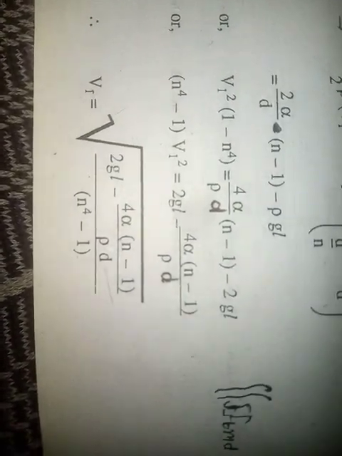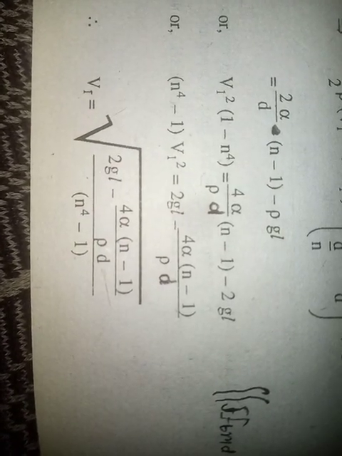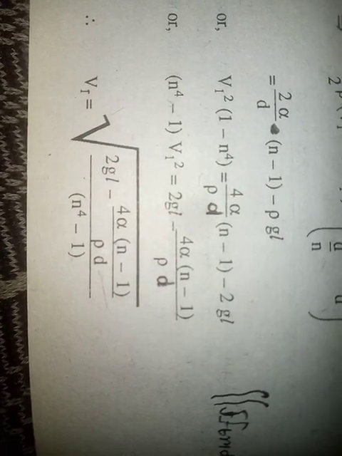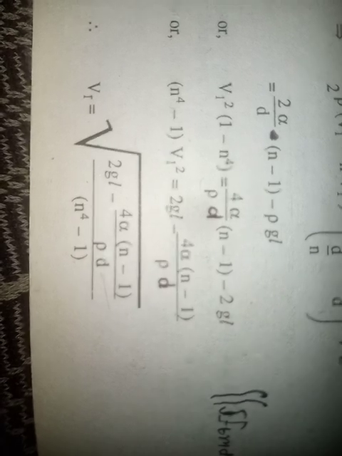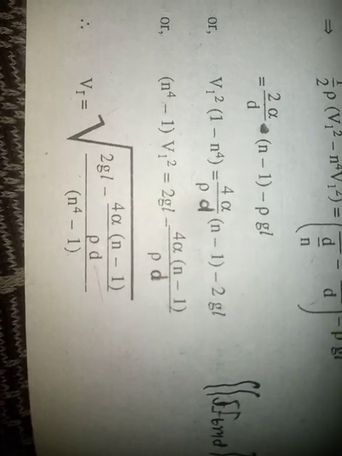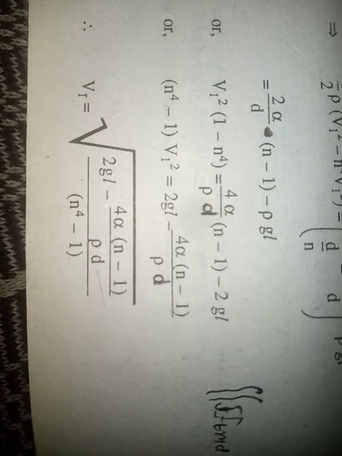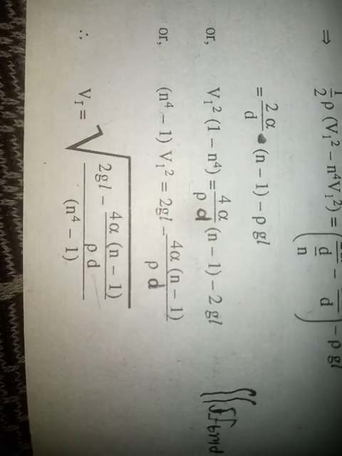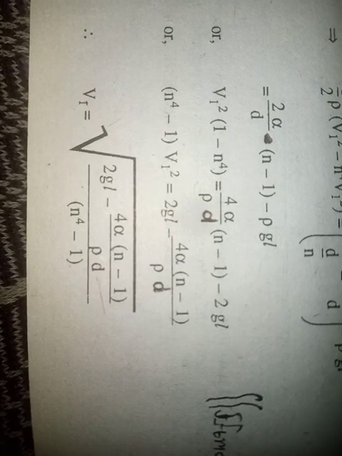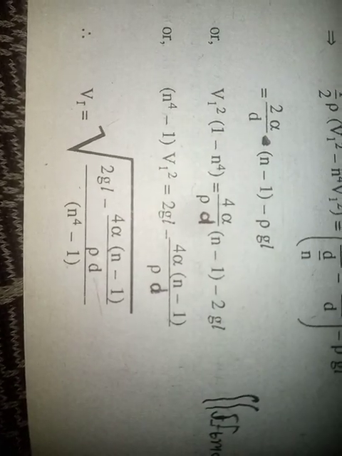So finally we have v1 equals the square root of (2 g l minus 4 alpha (n minus 1) by (rho d)) divided by (n to the power 4 minus 1).